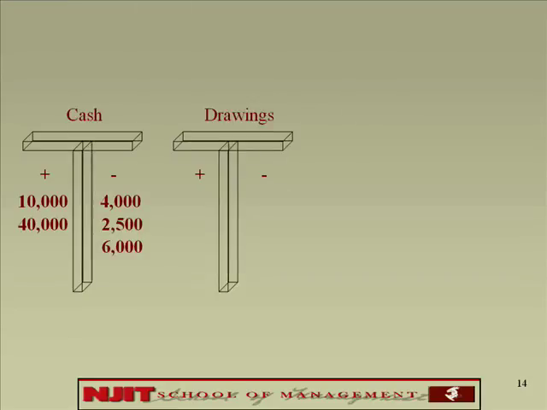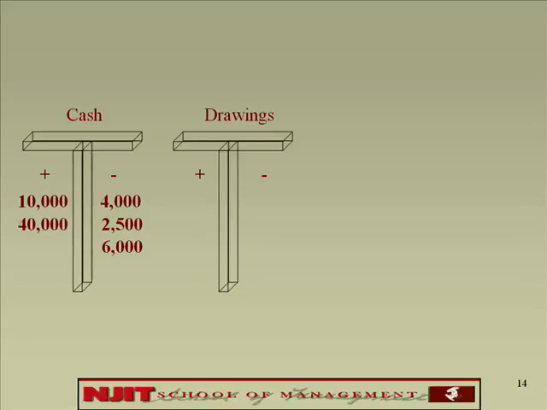If you look at cash, I brought the transactions from previously, it's brought forward. Now cash goes down 30,000 and drawings, I told you, is plus minus. Drawings increase 30,000.